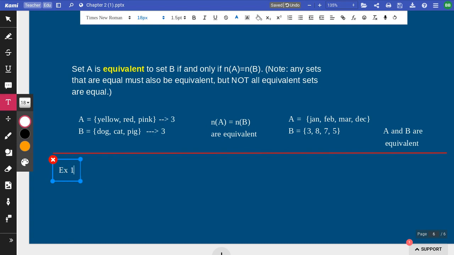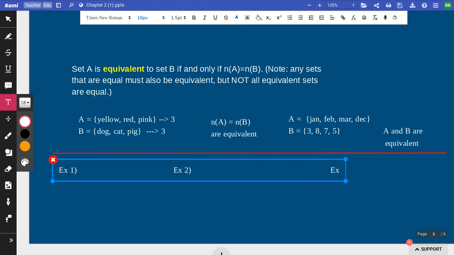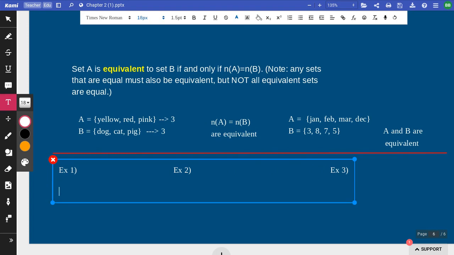Example 1, set A equals short, medium, tall.